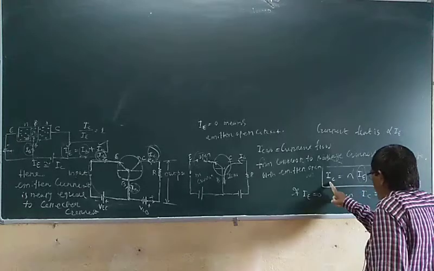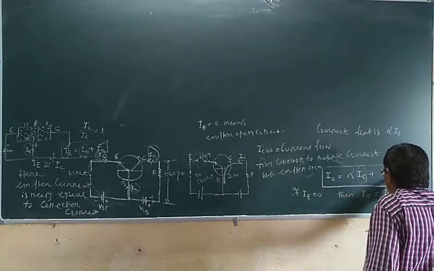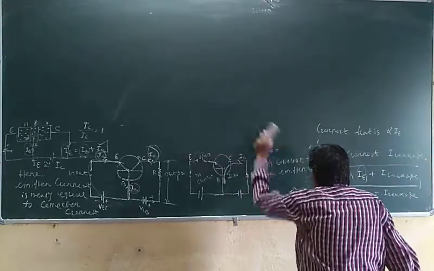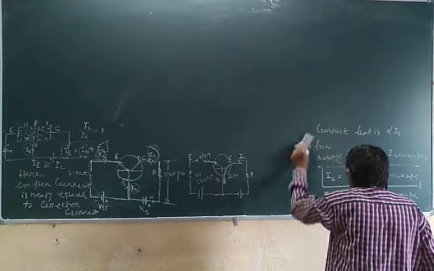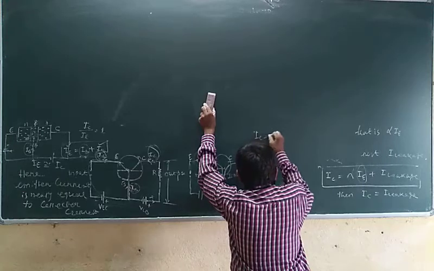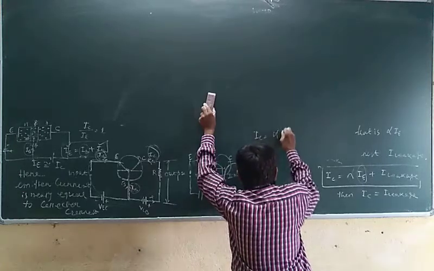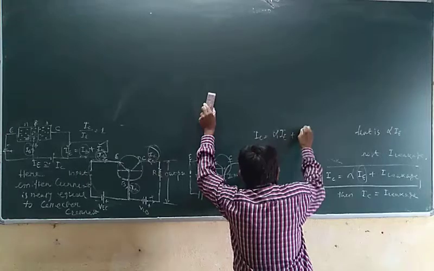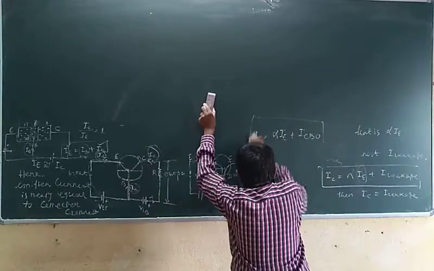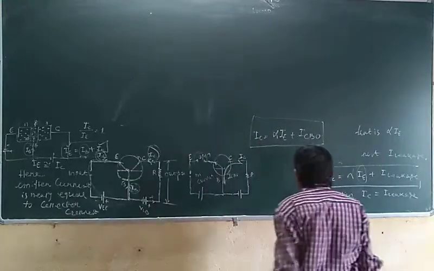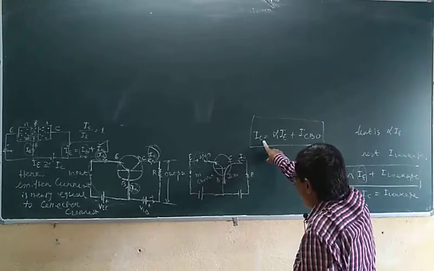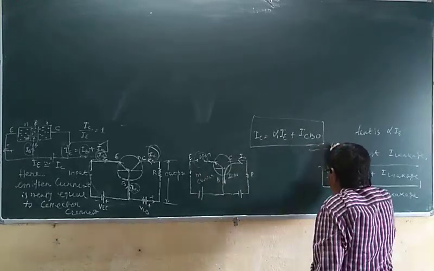Now, we write IC equal to alpha IE plus I leakage. I leakage means ICBO. So the equation is IC equal to alpha IE plus ICBO. This is the equation to find the collector current.